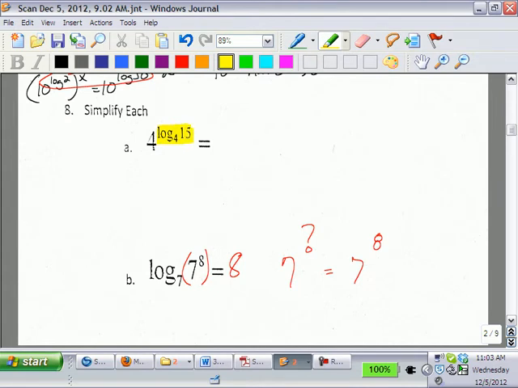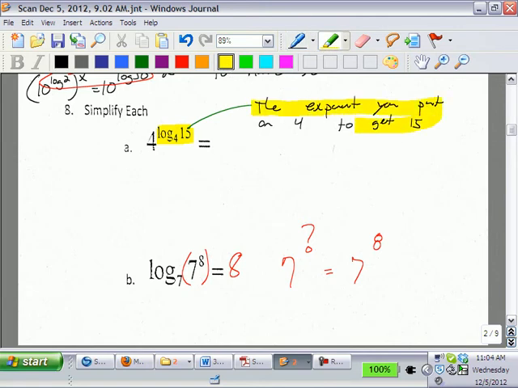what I have in yellow, talk me through what's in yellow. What'd you guys say? The what? Okay.